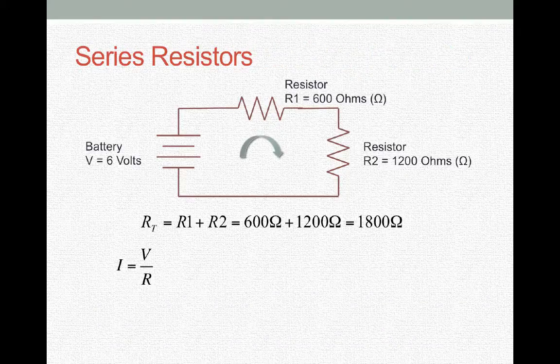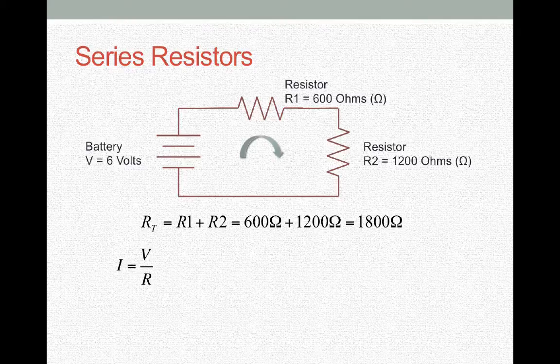Series resistors: based on Kirchhoff's voltage law, we can show, which I'm not going to go through here, that resistors in series are additive. So the total resistance of these two resistors is equal to the sum of their individual resistances. Resistance total is equal to 600 ohms plus 1200 ohms, which is equal to 1800 ohms.